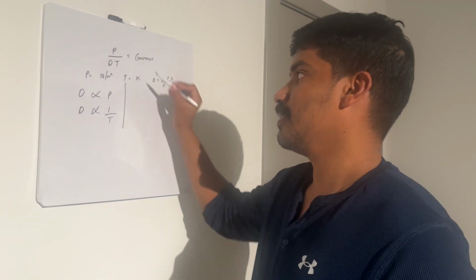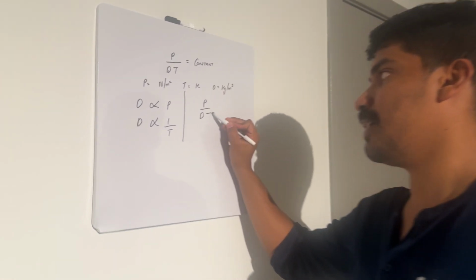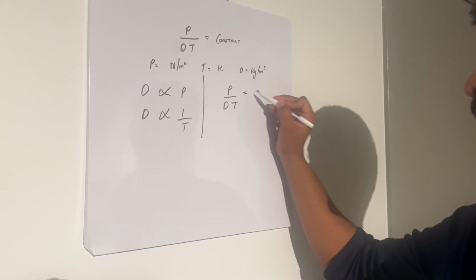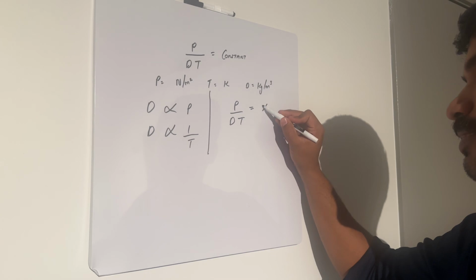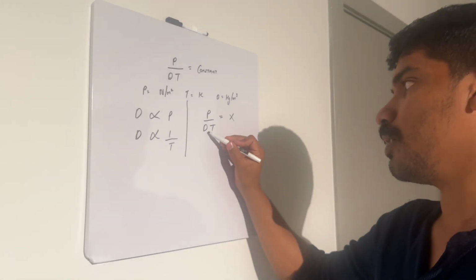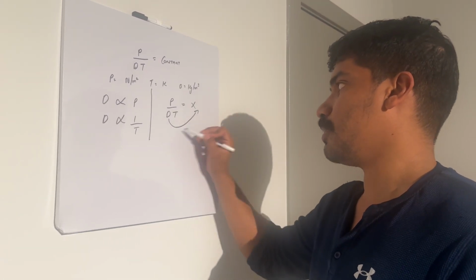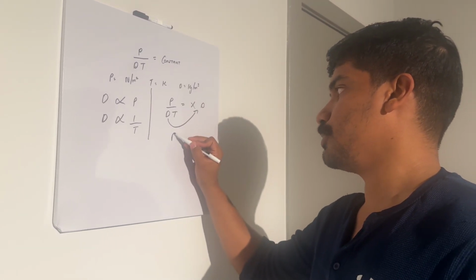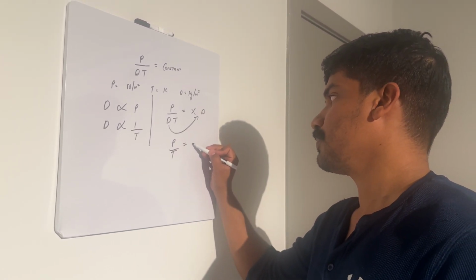Otherwise, let's say pressure divided by density and temperature multiplied by temperature is equal to constant. Now for constant we can say, take x. X can be equal to constant, right? Now if I bring this up here, density, which means pressure divided by temperature is equal to constant.